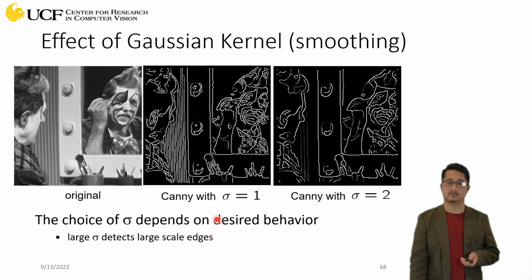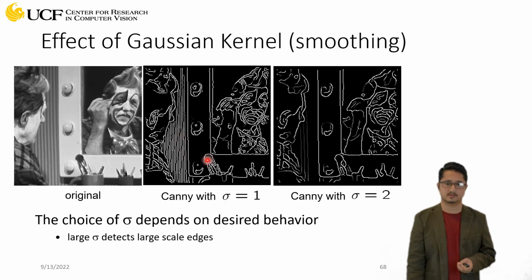Again, it depends on what kind of edges you are interested in. If you really want to detect fine grained edges, use a Gaussian kernel with a small standard deviation. If you're not interested in fine grained edges, and you want just a coarse level picture, the high level structure of this image, then you can use a high standard deviation.